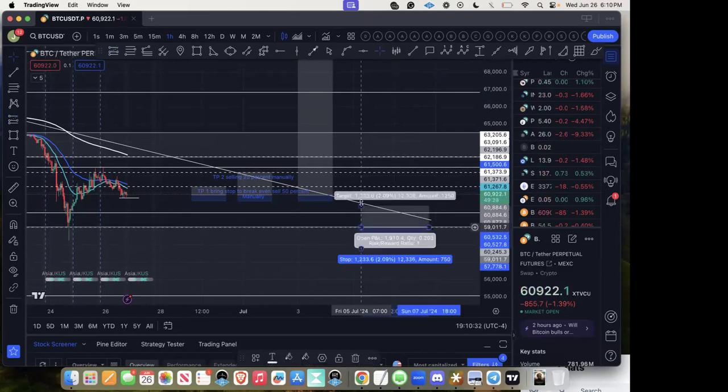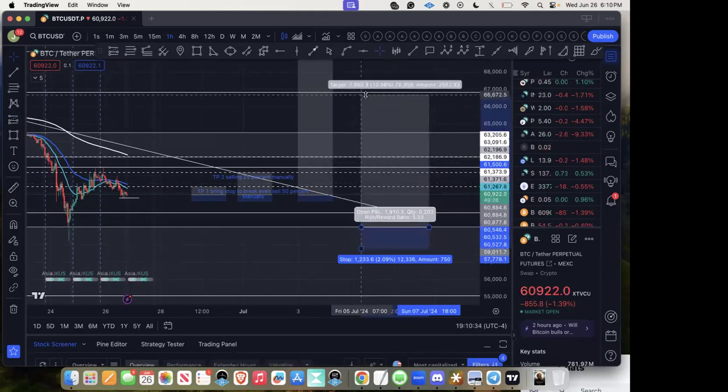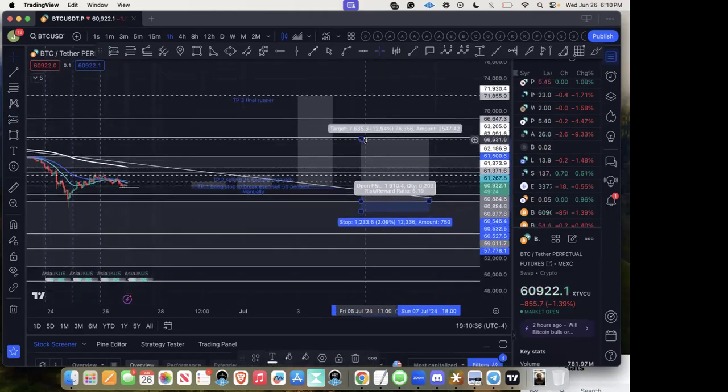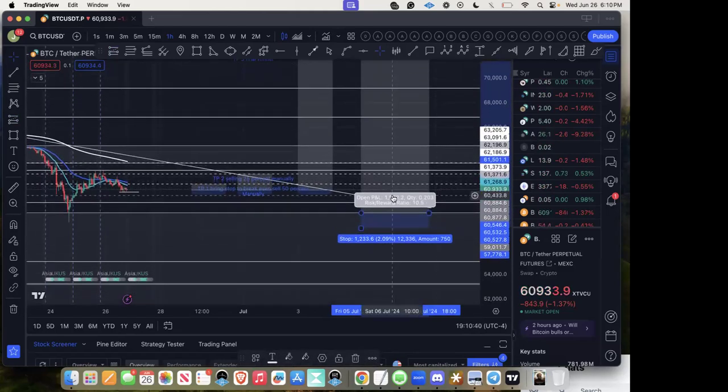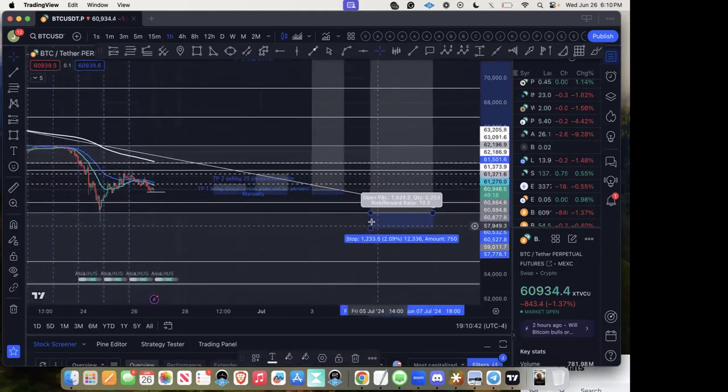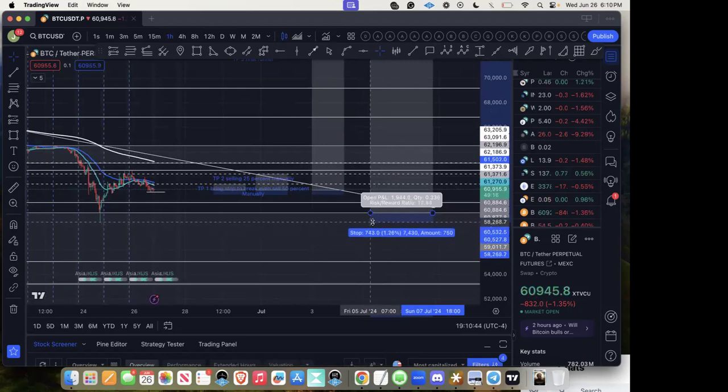So 59, and then we're taking it up again to our high point here for now. And then stop loss, 2% right now. So that's 1.5% at 58,268. So where do you think we should set our stop loss if we come in at 59?